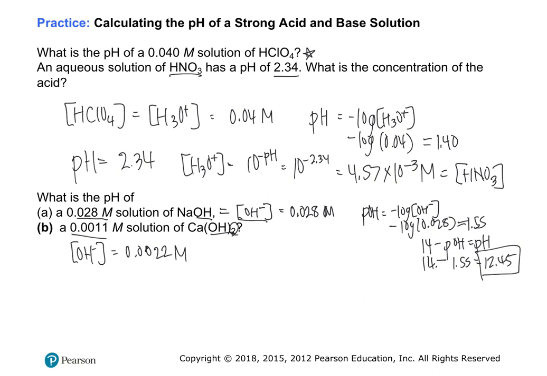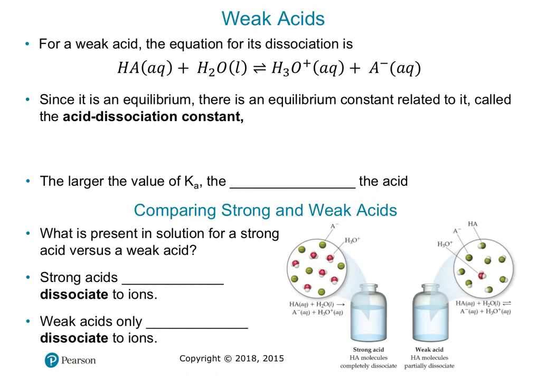So then I'm going to do negative log of that to get pOH. And I get 2.68. So then 14 minus 2.68 is the pH. And that equals 11.34.